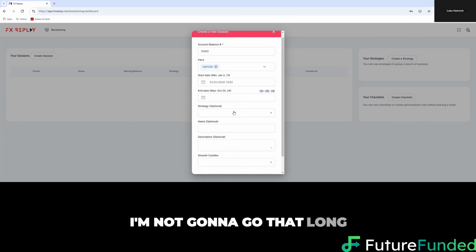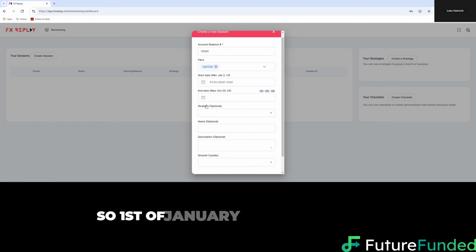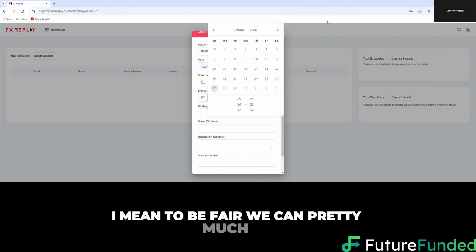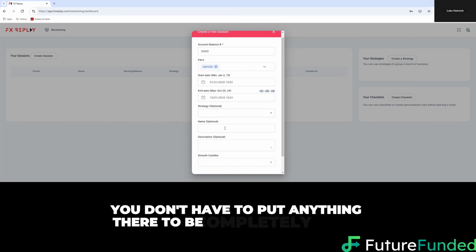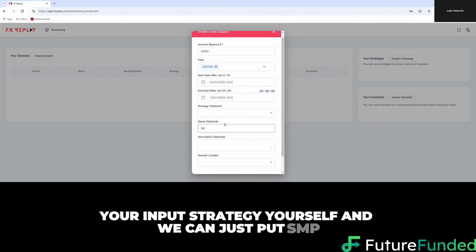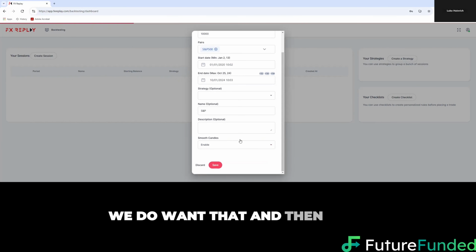I'm not going to go that long, I'm just going to go from the 1st of January 2020, and then for the end date, we can pretty much do the 1st of October. Now strategy, you don't have to put anything there; you'll input a strategy yourself, and we can just put S&P. Smooth candles, enable, yes, we do want that, and then save.